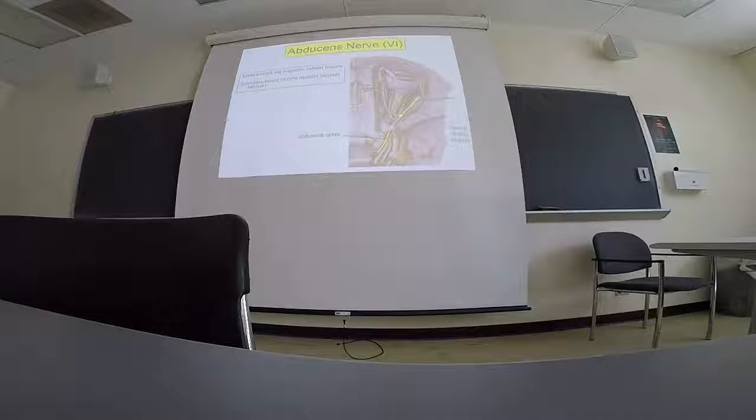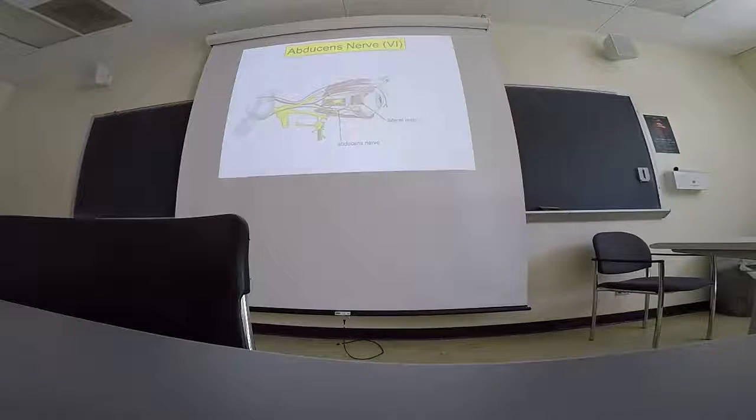And then heads to the medial aspect of the lateral rectus muscle. Okay, so it's on the inside of the lateral rectus muscle. So you're going to have to go to the lateral part of the orbit and peel back this muscle and look for a nerve going into its medial side. And then you'll know you'll have found this nerve right here, the abducent nerve, this green one right here, innervating just the lateral rectus.